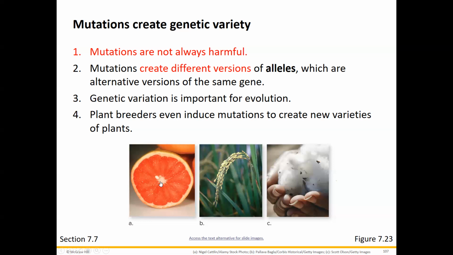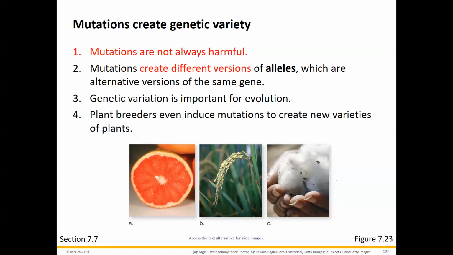Well, they did that through a different version of the gene. It's called an allele. So there was a version of the gene that coded for seeds. So the gene would be called seeds. The two different alleles are yes seeds or no seeds.